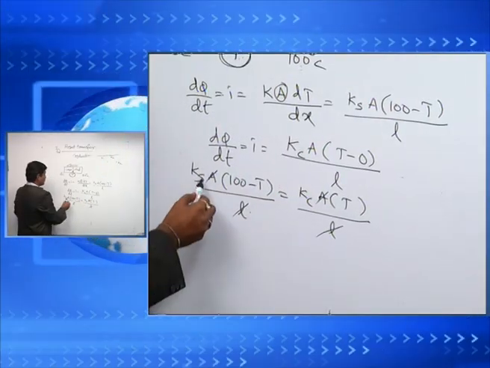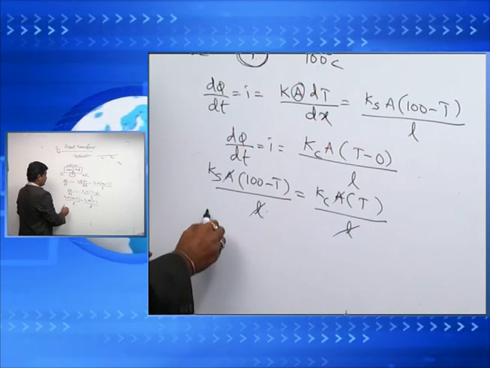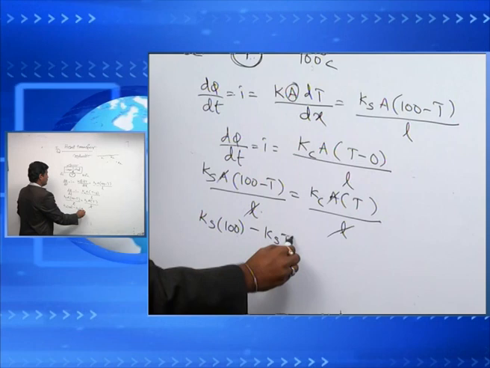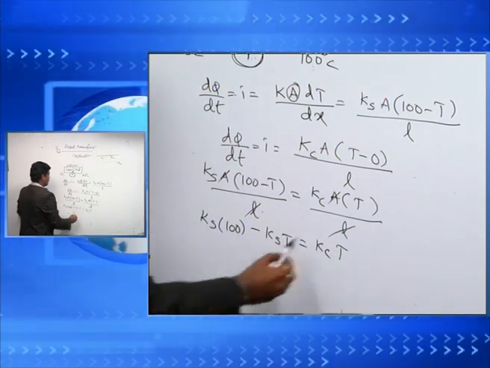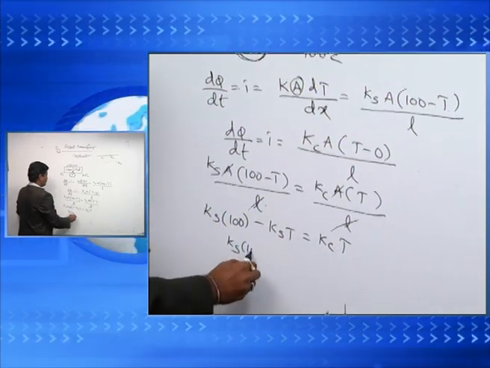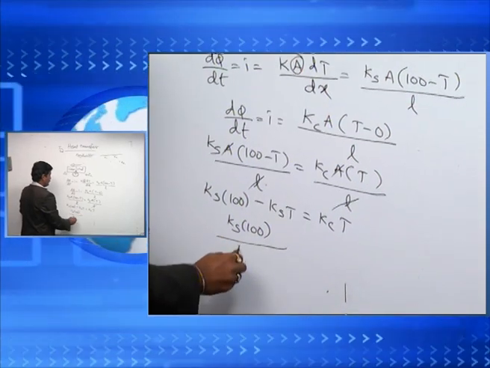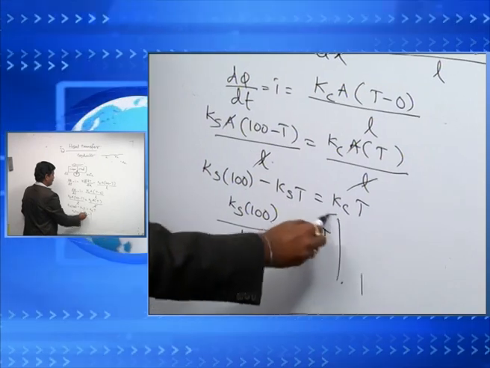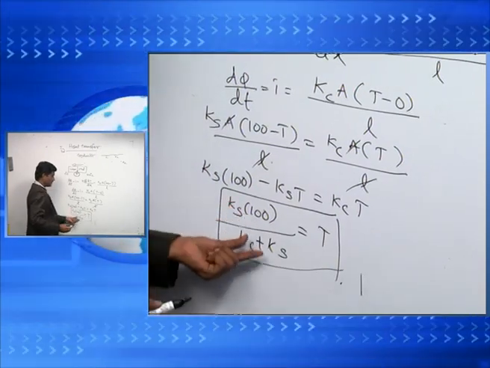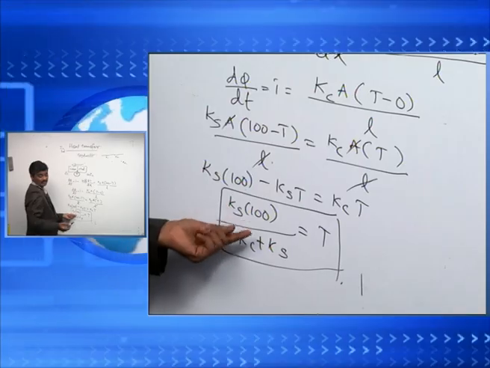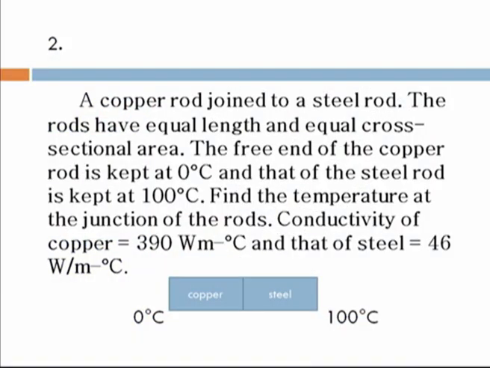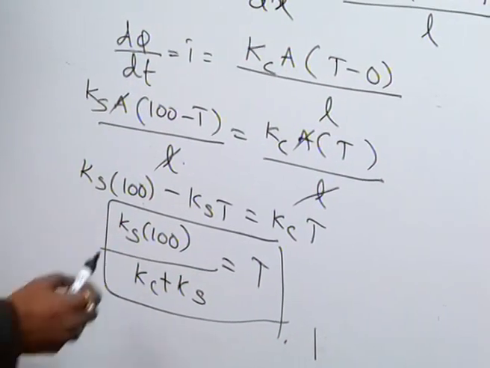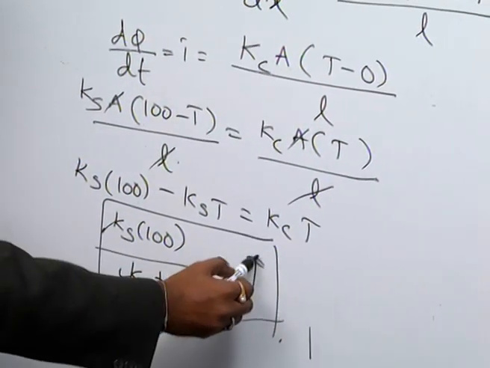So, substituting, Ks into 100 minus Ks into T is equal to Kc into T. So, Ks into 100 by (Kc plus Ks) is equal to the temperature T here. In the given question, the Ks and Kc values are given. Here the copper coefficient of thermal conductivity is 390, whereas for the steel rod it is 46. You substitute these corresponding values, and you will get the temperature at the junction.